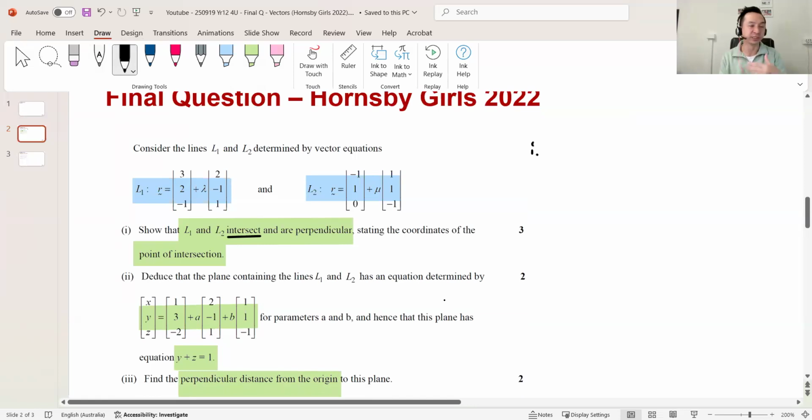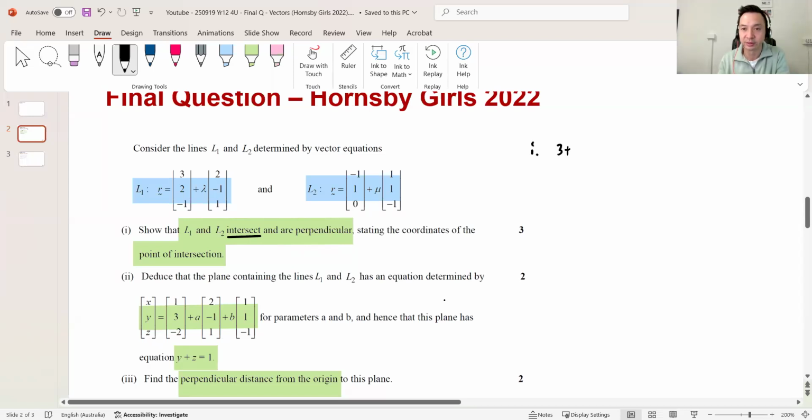So maybe I'll solve it simultaneously first, find the point of intersection, and then I'll prove that they're perpendicular, in that order. So for the lines, I'll set the x values, y values, and z values equal to each other.